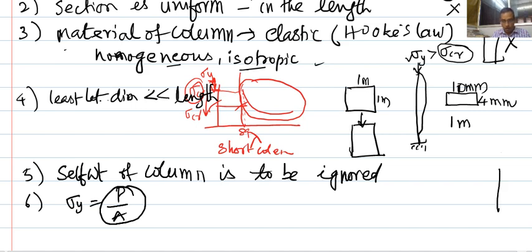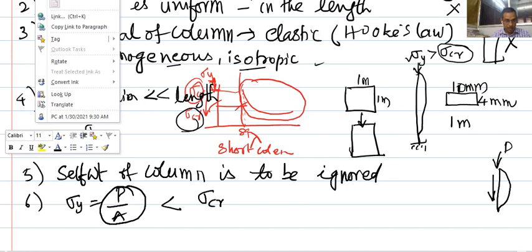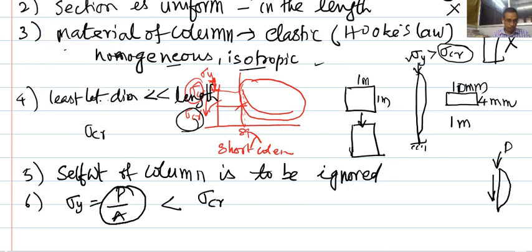That means, when you apply a load P, it is going to buckle rather than crush. So this is going to be very small compared to the sigma CR, that is what I already mentioned at the top, right. Sigma CR is going to be very less, so the yielding will be much later.